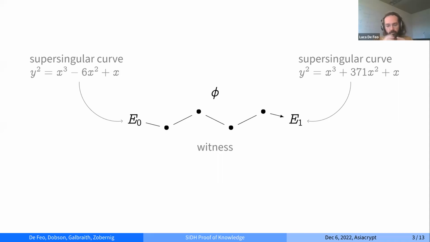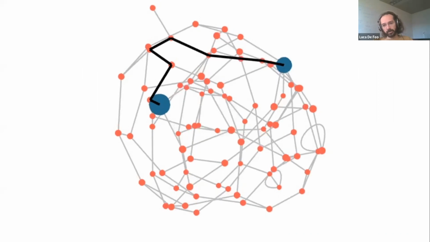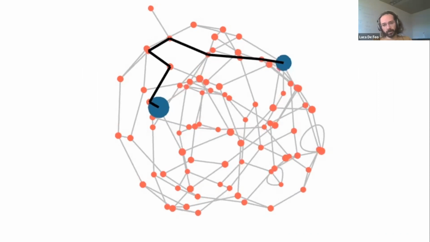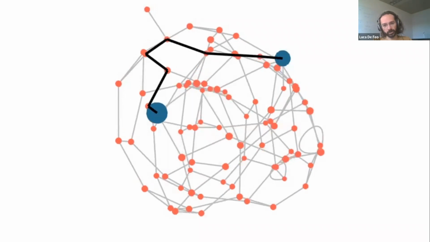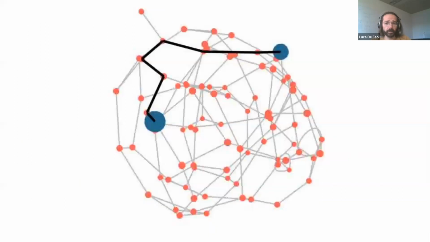Each single step is very easy to do, but doing the long walk becomes very messy. Just to give you a visual realization of what we're talking about, the dots represent some supersingular curves in some small finite field, not the cryptographic size, of course. And the black path shows a walk between these two elliptic curves.